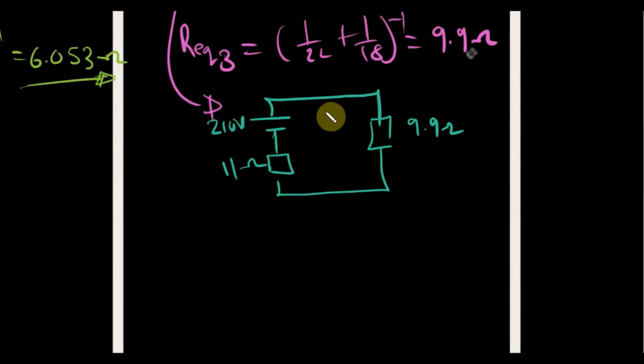Voltage divides, so the voltage drop across the 9.9 resistor will be different from the voltage drop across the 11 ohm resistor. So it will be different.